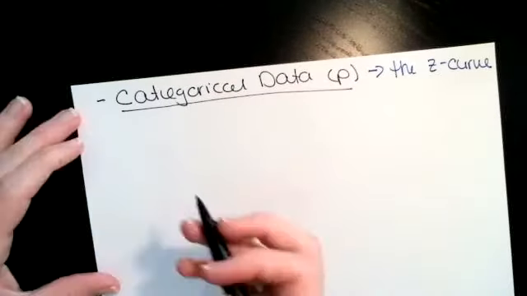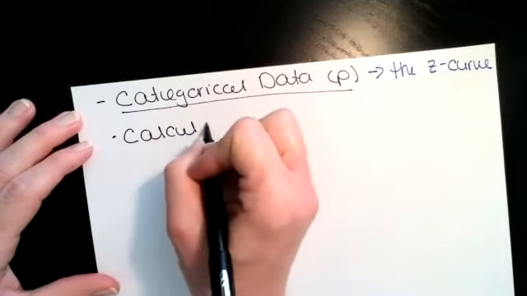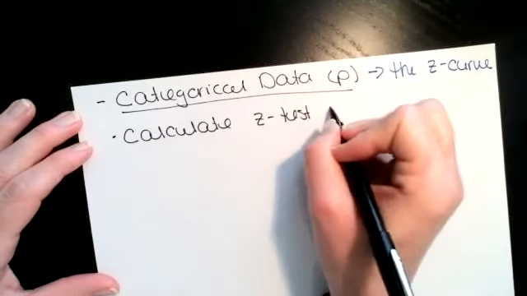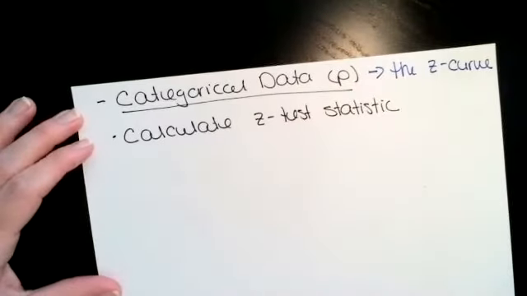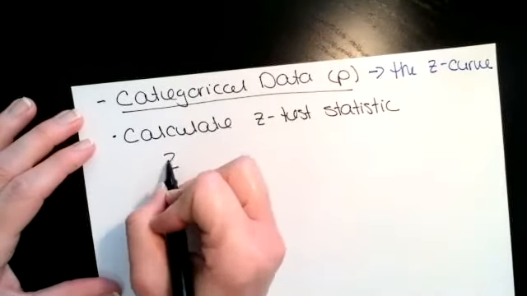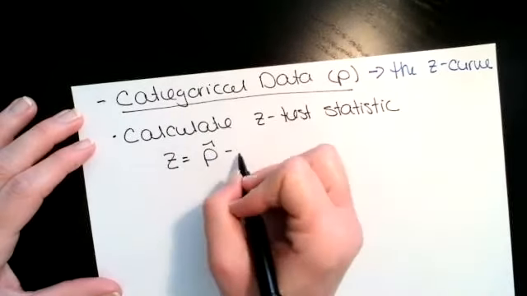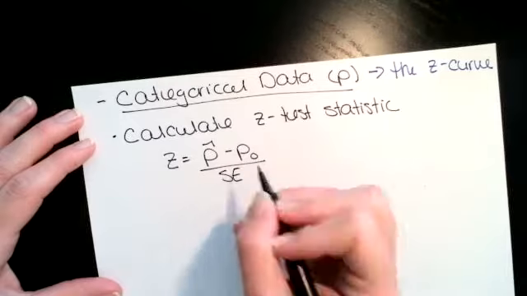So we're going to calculate first the z-test statistic. Okay, so z is equal to p hat minus p naught divided by the standard error.